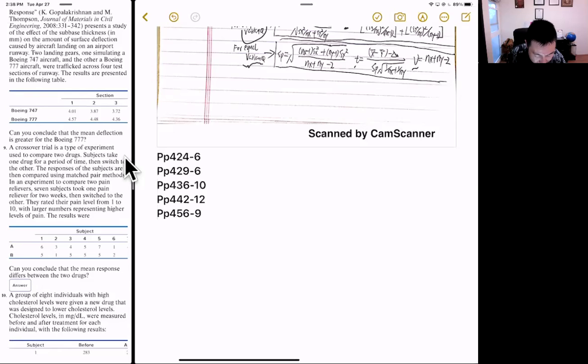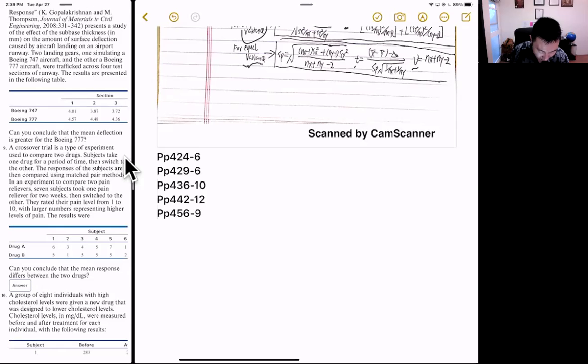We have 7 subjects who took one pain reliever for 2 weeks and then switched to another. Then they rated their pain level from 1 to 10, with a larger number representing a higher level of pain, as we can see from the table here. So we have 7 subjects taking drug A and drug B.